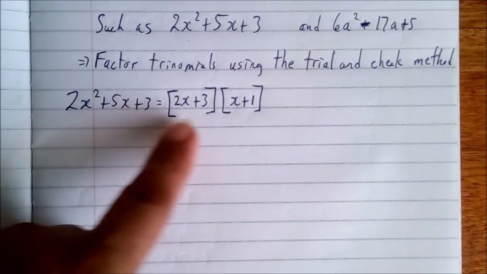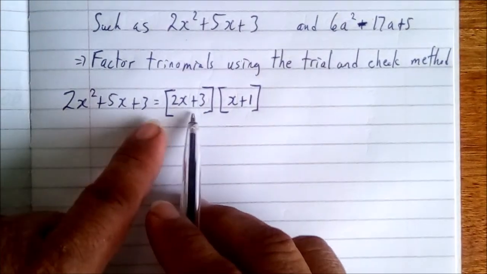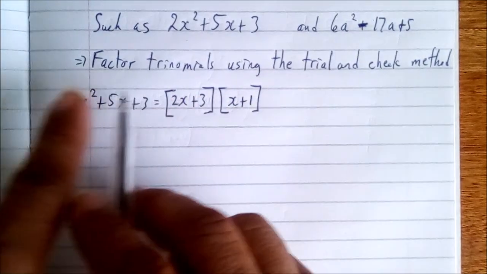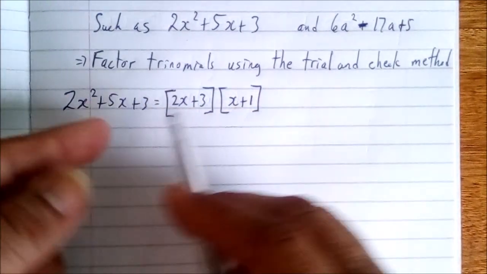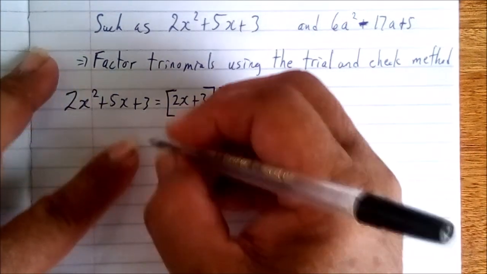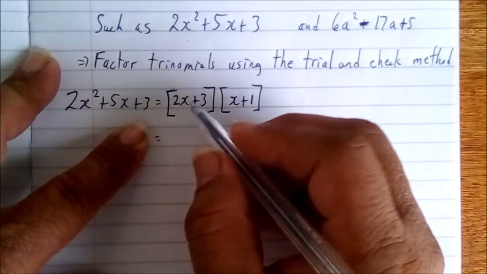Okay, now how this works is as follows. Consider that you've been given only this. All right, so let's see how this goes from here to here, and then we're going to see how the check and trial method works. So when we multiply this out, I want you to note carefully.